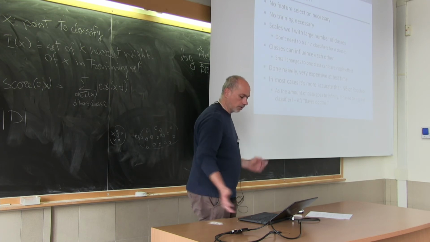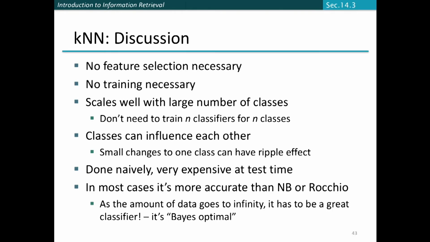Let's see what we can say about K nearest neighbors in the end. So, no feature selection necessary. What does it mean?